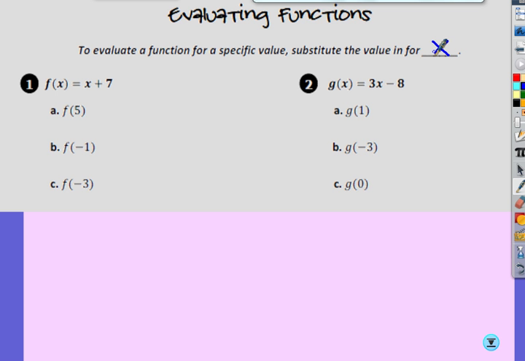Example number 1, f of x equals x plus 7. You will take the number inside the parentheses and plug it in for the x. Watch the first 3 examples for number 1.